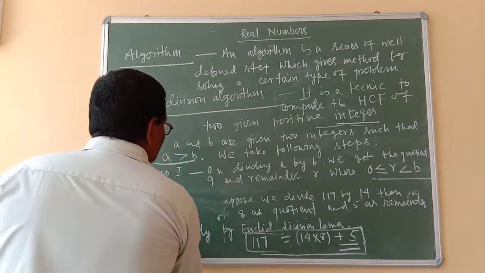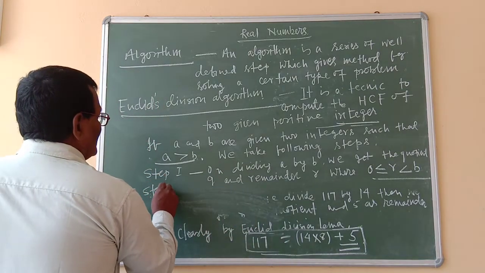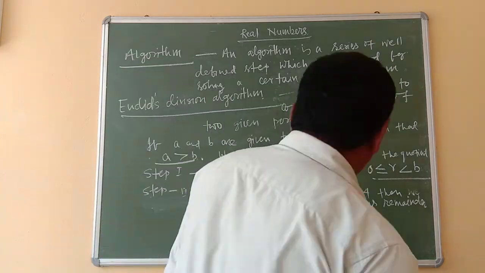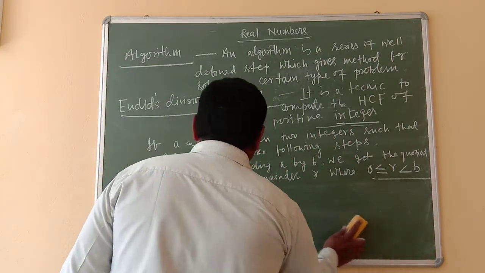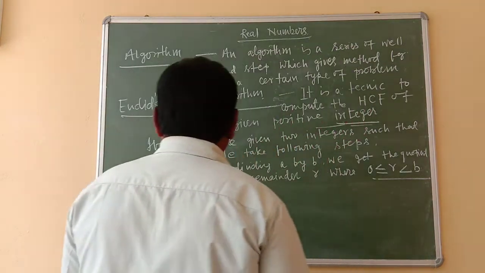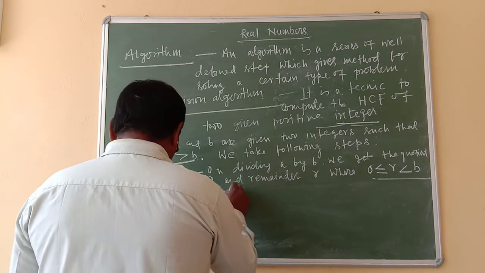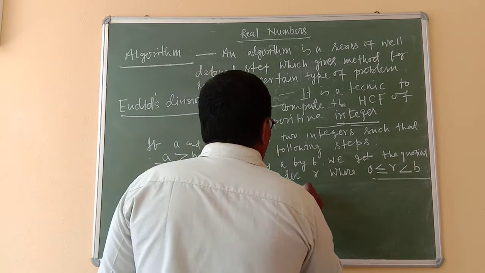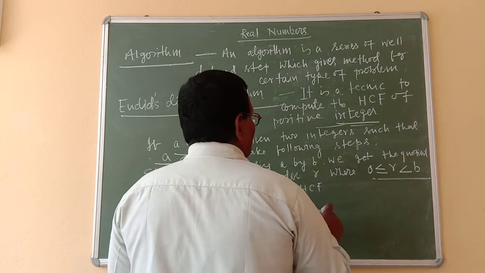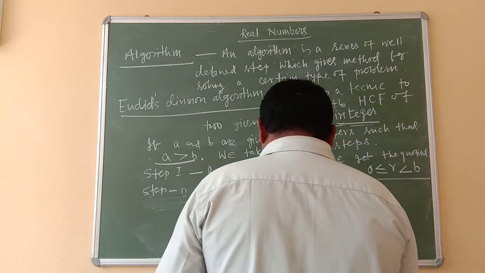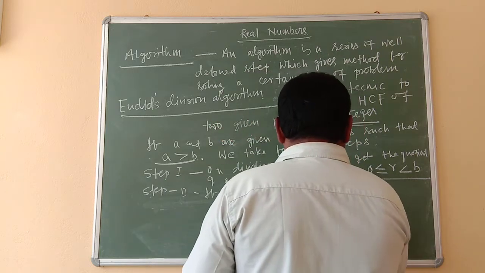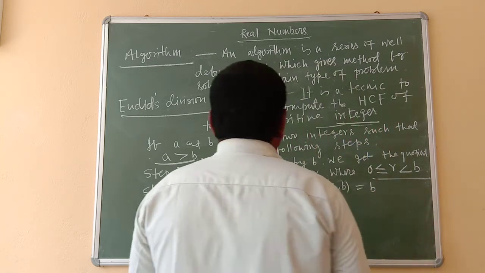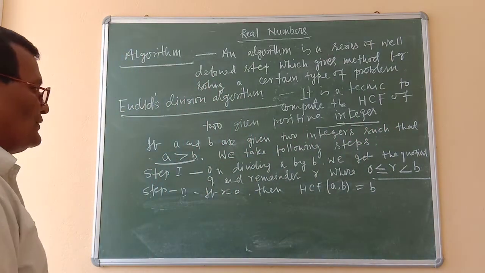Step 2: if r is equal to 0, then the HCF of a and b is equal to b, because the remainder is 0.